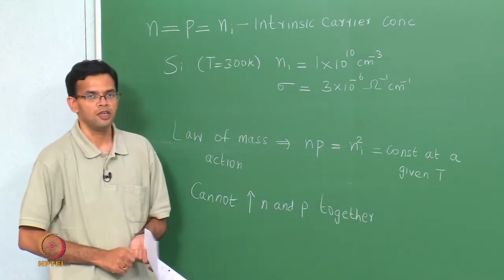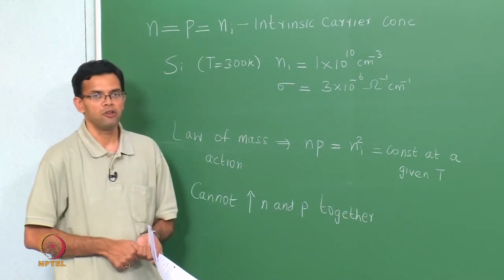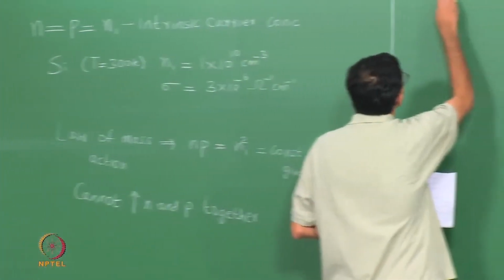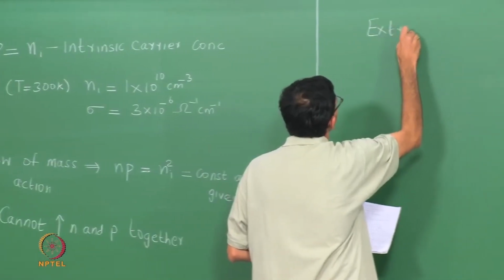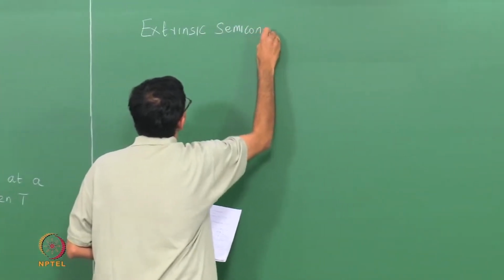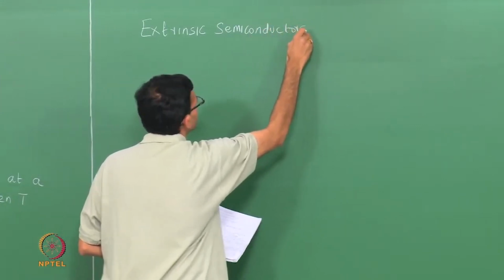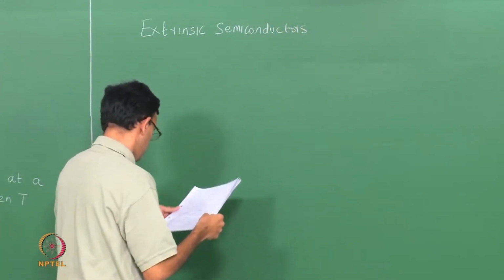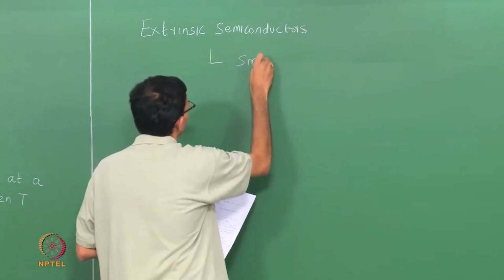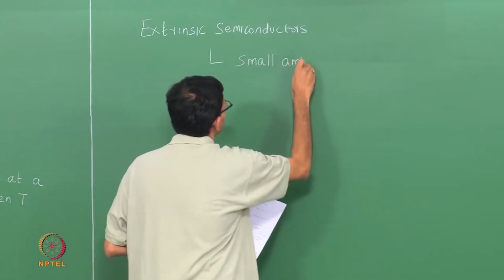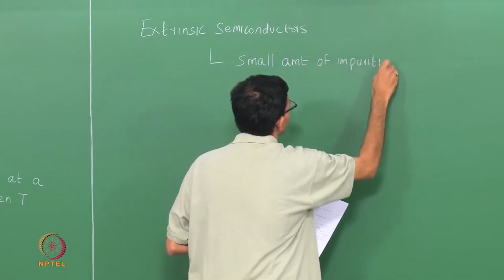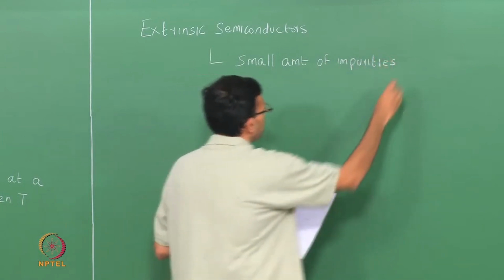Today we will start looking at extrinsic semiconductors, and I am going to start with the definition of extrinsic semiconductors. In an extrinsic semiconductor, we add a small amount of impurities in your intrinsic material.